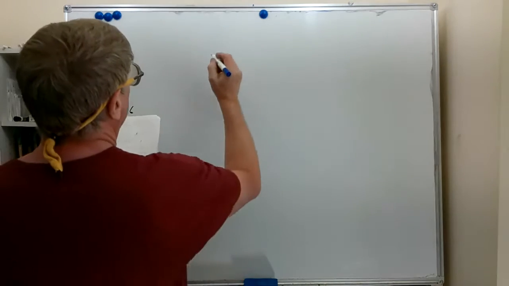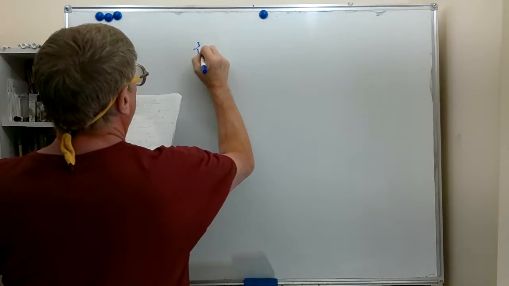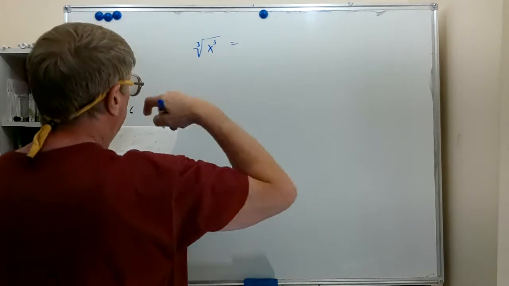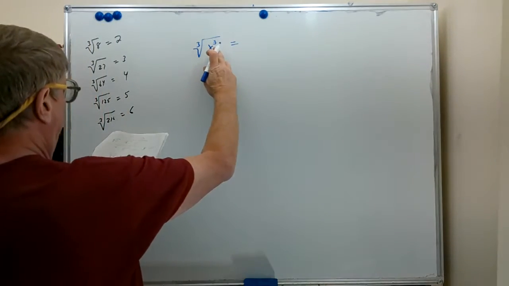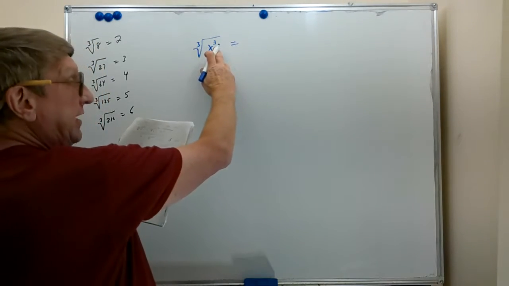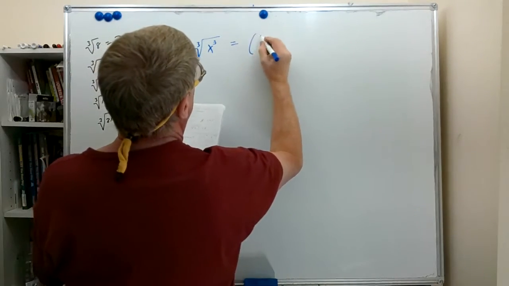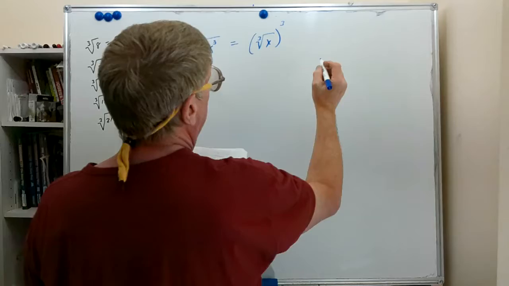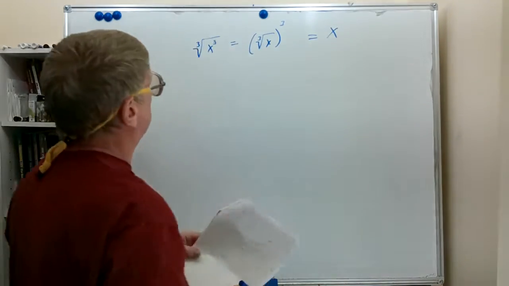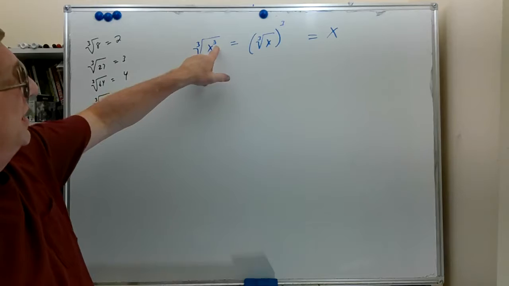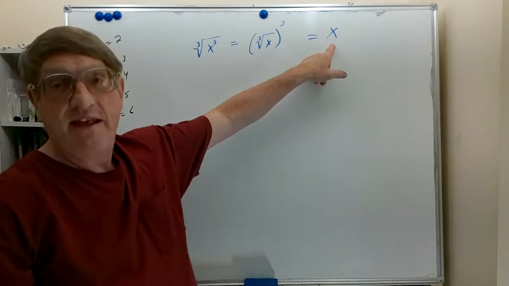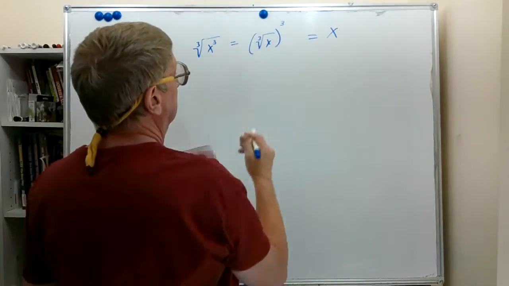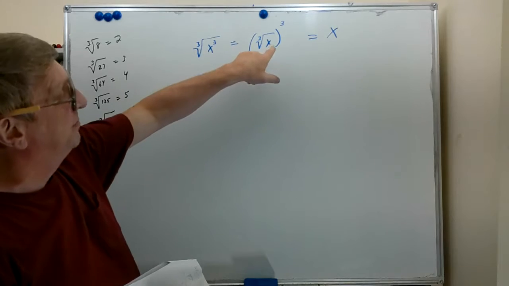Basically, the cube root of x cubed is equal to, we can take this exponent of 3 outside the whole thing, the cube root of x, to the third, equals x. So there's two ways to look at this. Here we have the cube root undoing the cube, which takes us over to the x. Here we've taken the exponent to the outside of the radical sign and put it in parentheses.